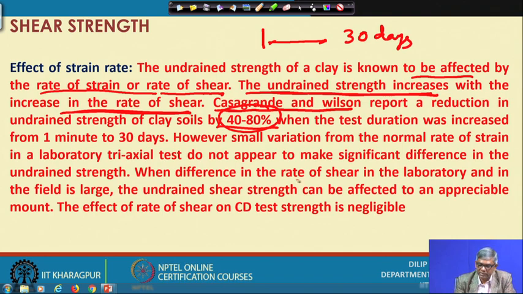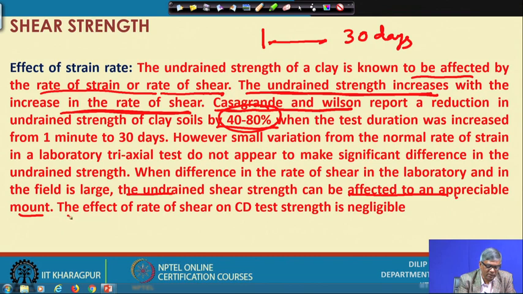But if the shear rate in the actual field and the strain rate you apply during the test are significantly different, then you will observe an appreciably different undrained strength value. So, you need to maintain in the lab the same strain rate expected during failure in the field, and only then will that value be useful for the calculation. That is the thing you have to keep in mind.